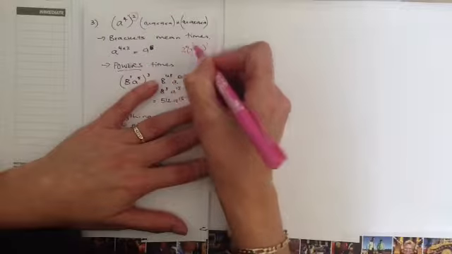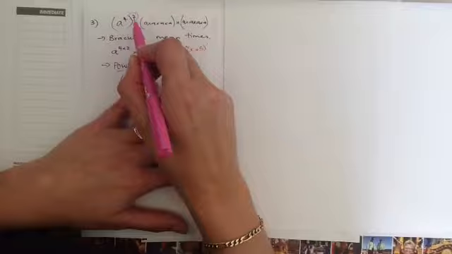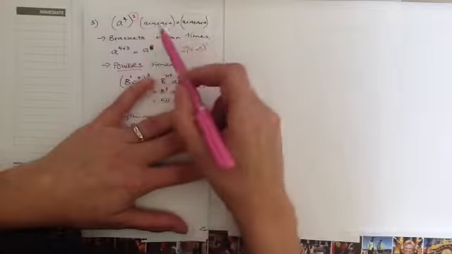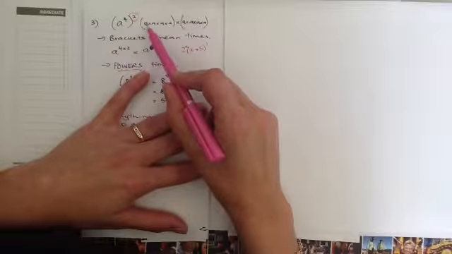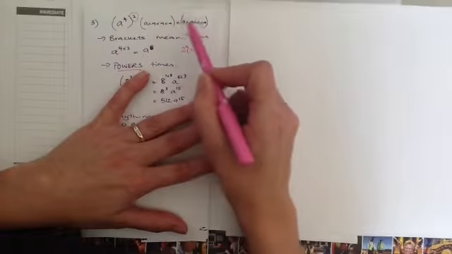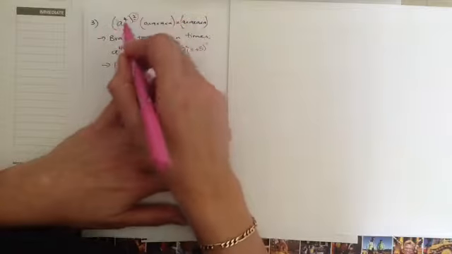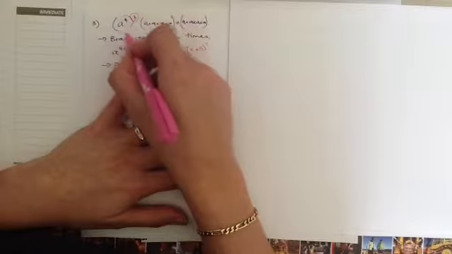So if we have a look at this one, it's a to the power of 4, and then the whole thing's been squared. So a to the power of 4 is a multiplied by itself 4 times. 1, 2, 3, 4. And when we square it, that means we've multiplied this whole thing in the brackets by itself 2 times.